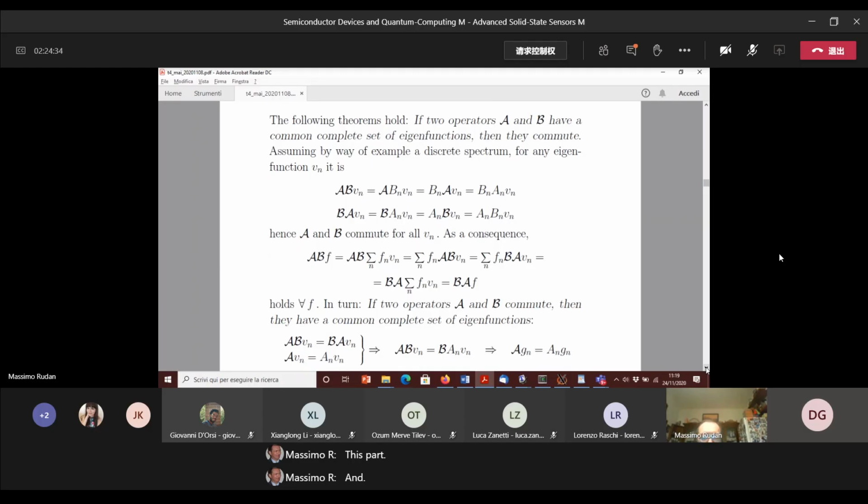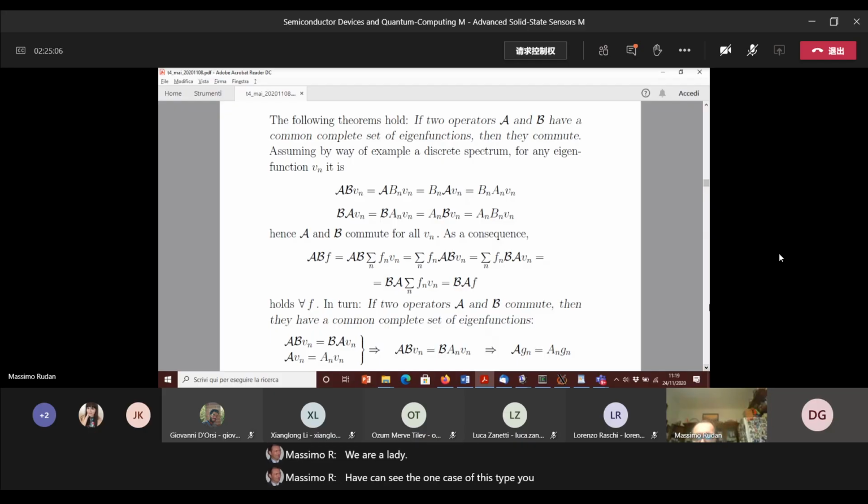We now consider a different issue that is also very important. It may happen that two operators, A and B, have the same eigenfunctions. We already have considered one case of this type.